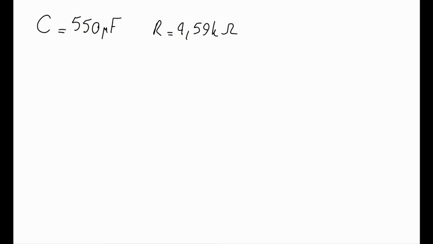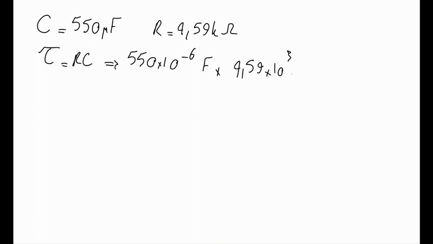So, as I've told you, the time constant is R times C. So if we multiply this number, which is in farads, by 4.59 multiplied by 10 to the power of 3 ohms, it equals 2.524 seconds, which is our time constant.